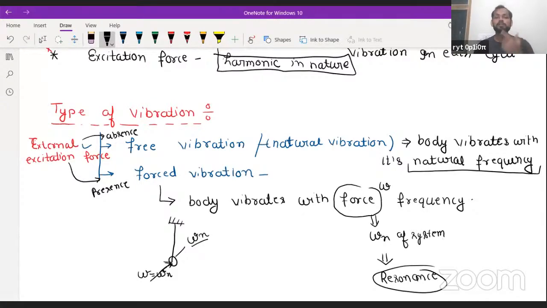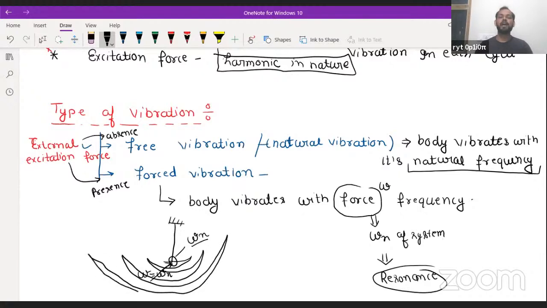So at resonance, if your system is running at resonance condition, at each and every cycle your amplitude will continuously increase, and after a certain interval of time you will see there will be an infinite amplitude of vibration. That means your system may fail. So such type of condition is known as the resonance.